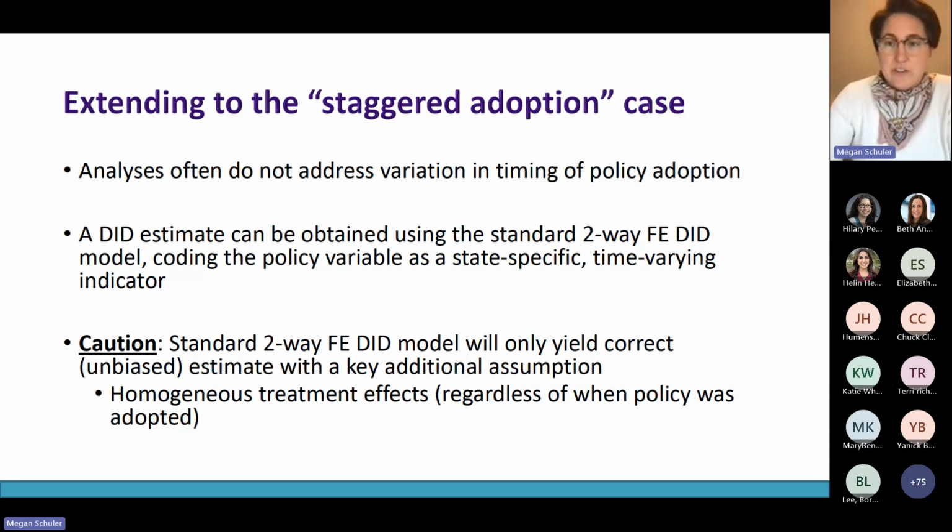And specifically, there's been a flurry of methodological work in this area in recent years. And so recent papers have shown actually that for the classic diff and diff two-way fixed effects model to give you unbiased results in this case of staggered adoption, you actually need an additional assumption of homogeneous treatment effects across states and time.